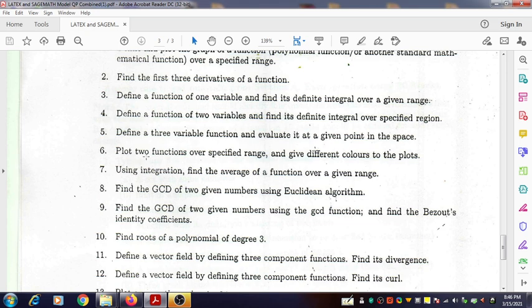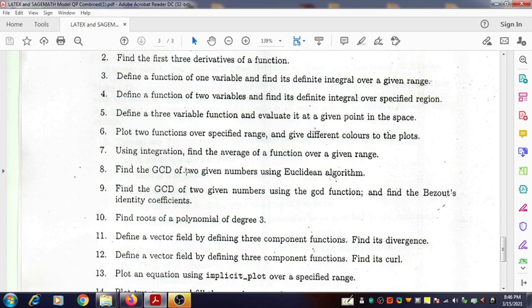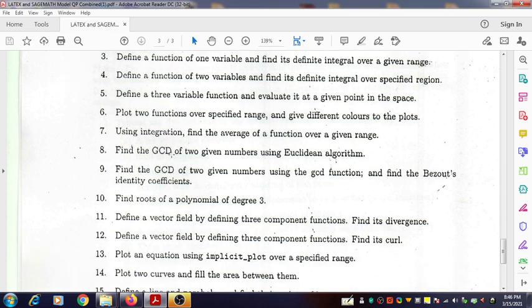Plot 2 functions over a specified range, give different colors to the plots, and using integration find the average of a function over a given range.